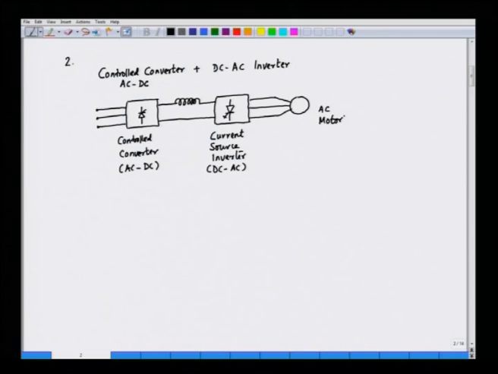Now, in this topology also, if we see, the front end is an SCR controlled rectifier having thyristors. In the front end also we will have harmonics. When we delay the triggering angle, in this case the phase angle will also change. So, in this case the situation is a little different from the uncontrolled rectifier.